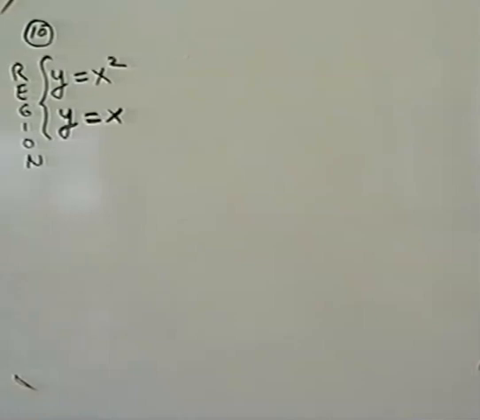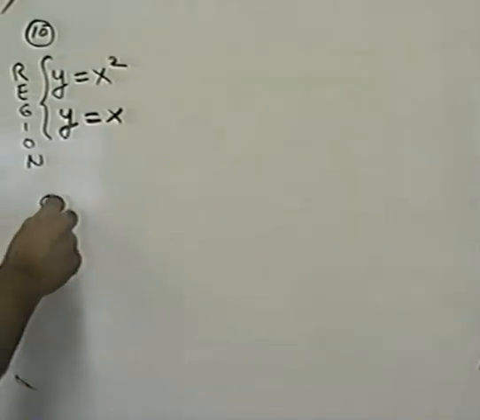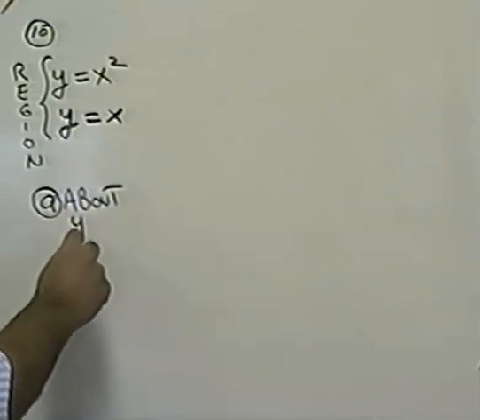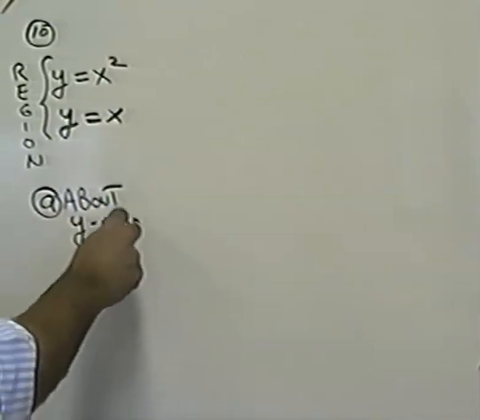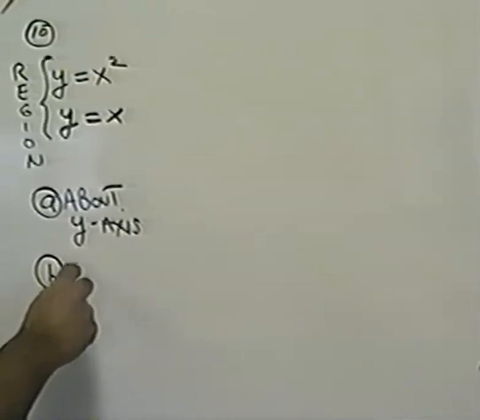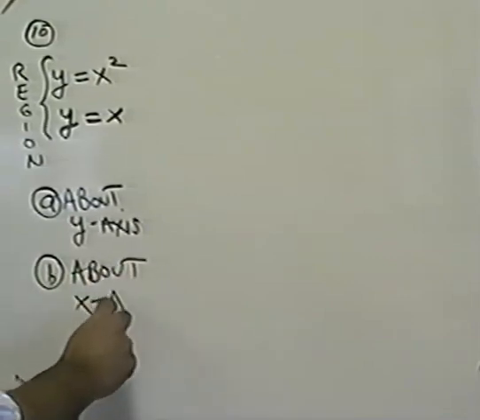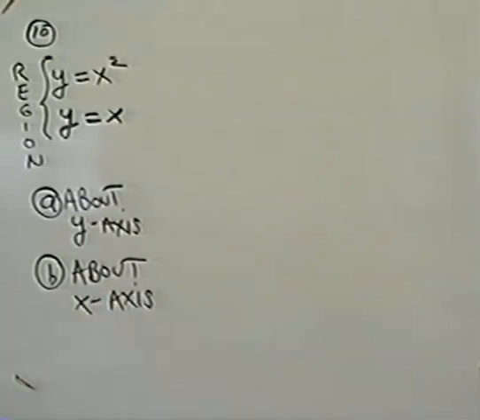We are going to spin, or rotate, that region first around the y-axis, and secondly about the x-axis. In doing this, we will form two solids, and our job is to calculate the volume of the solid that's generated.